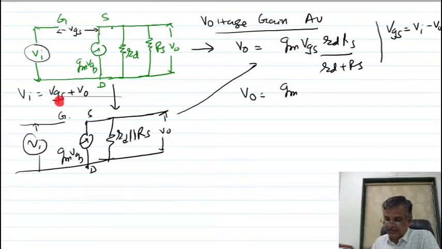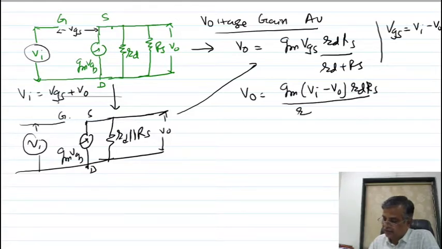From this I can write VGS is VI minus VO. Put this value here: Vi minus Vo into RD RS upon RD plus RS.